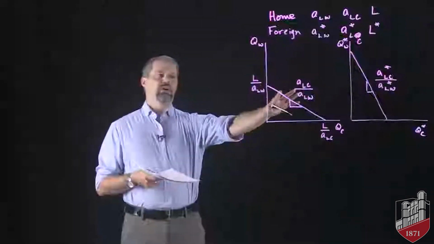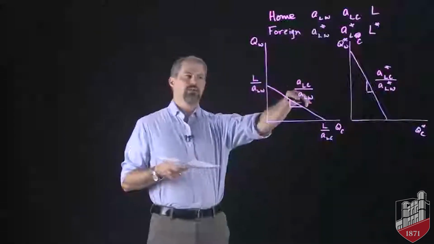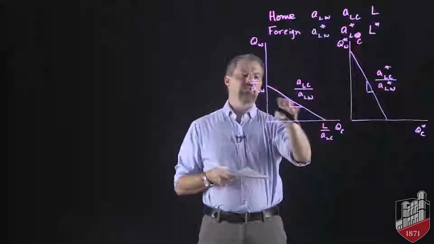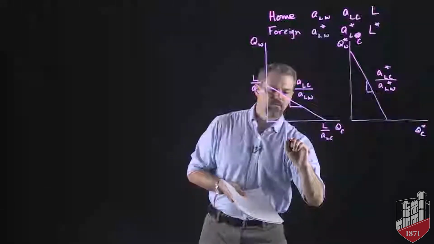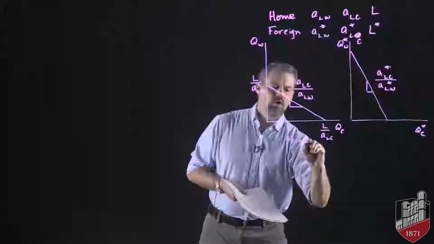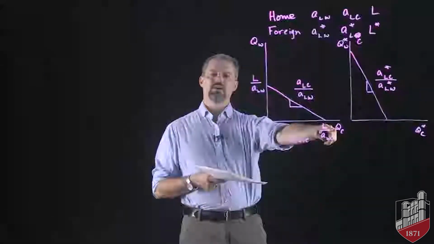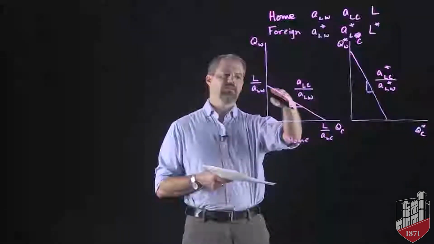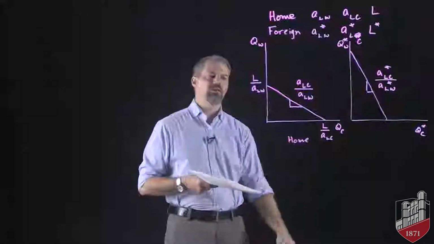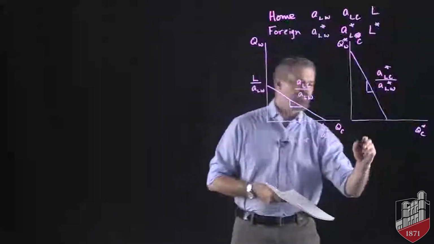So there's our production possibilities frontiers, or two of them, and we're assuming here that home, let's make sure we label this home, has a comparative advantage in the production of cheese. We can see that because home's production possibilities frontier is flatter than foreign's.